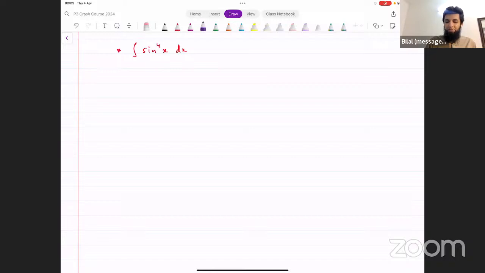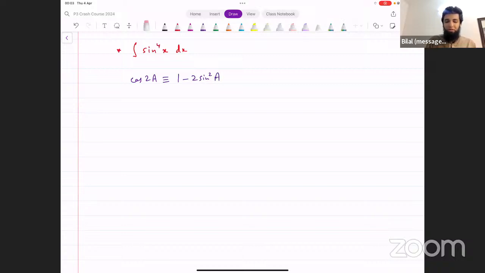Remember the identity that we have for cos. So leave it here as it is. Let's first figure out how sine raised to power 4 can be converted to another form that's easier to integrate. Again, let's use that same identity. Cos of 2a is 1 minus 2 sine square a.